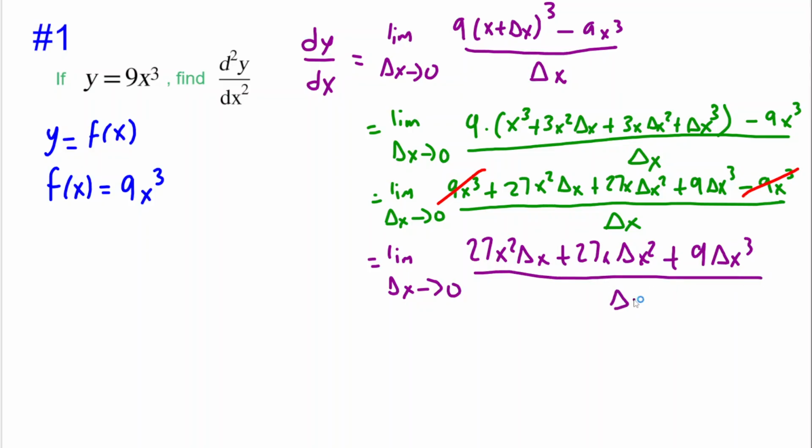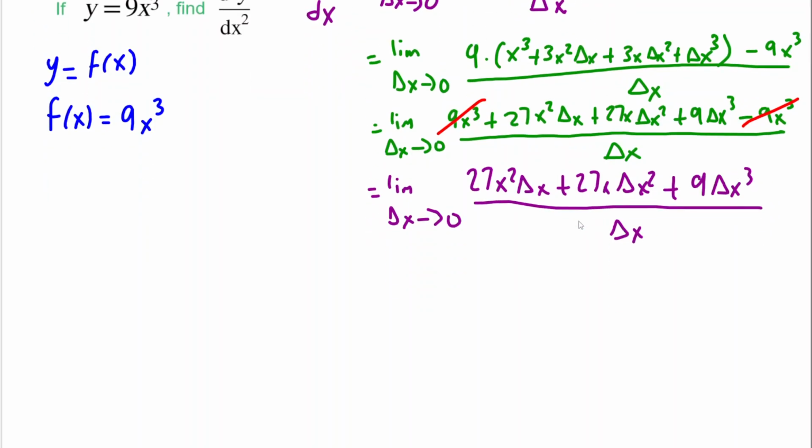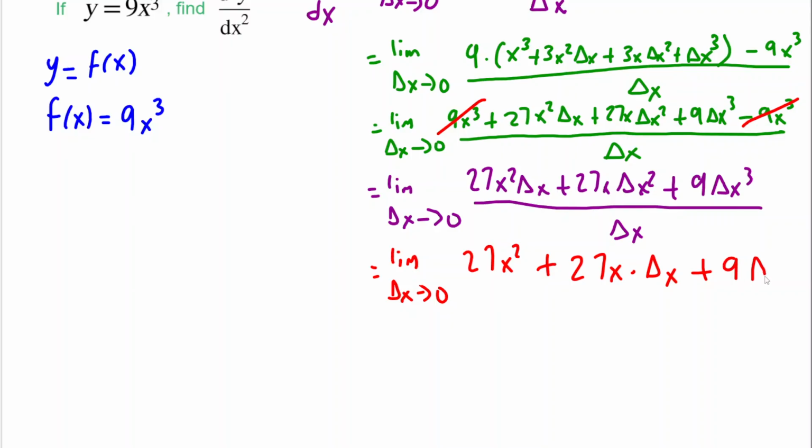So now, again, typical process, just split these into separate fractions. So we get the limit as delta x approaches 0 of 27x squared, and then the delta x will cancel out here, and then plus 27x times delta x plus 9 delta x squared.